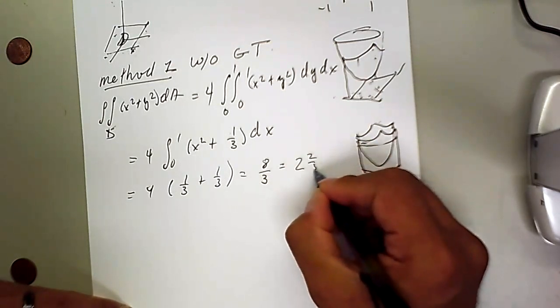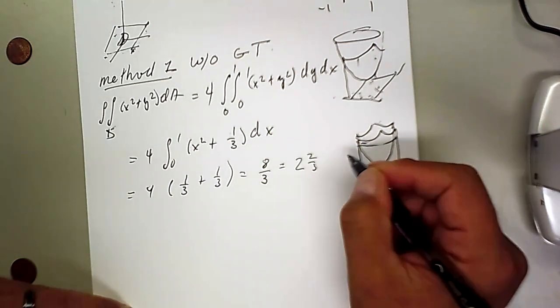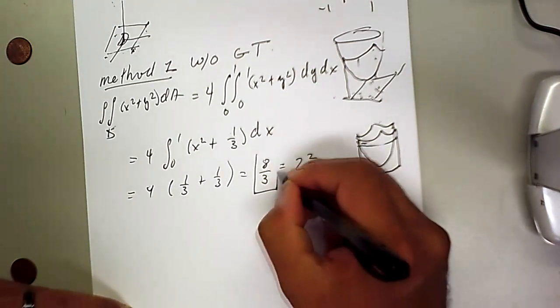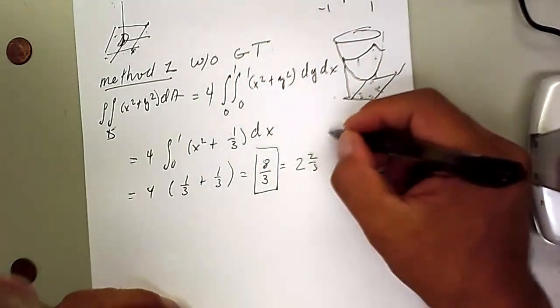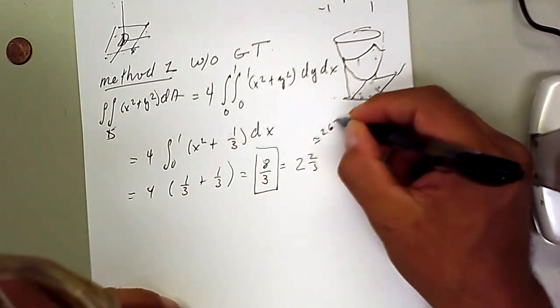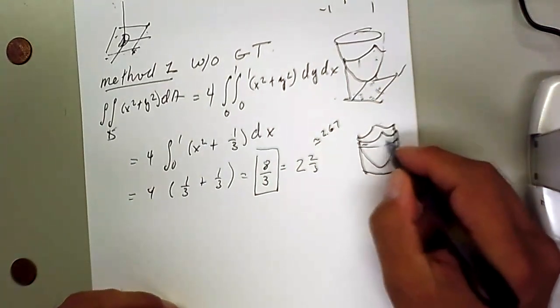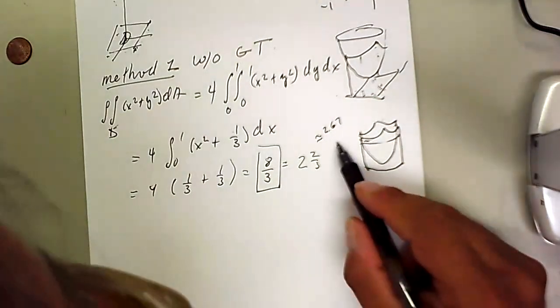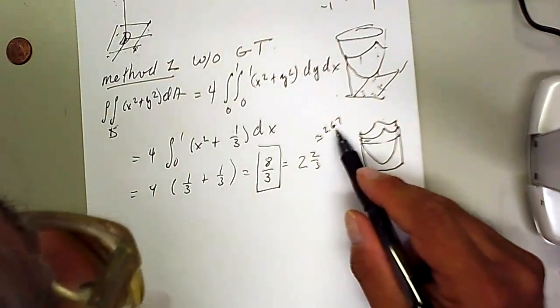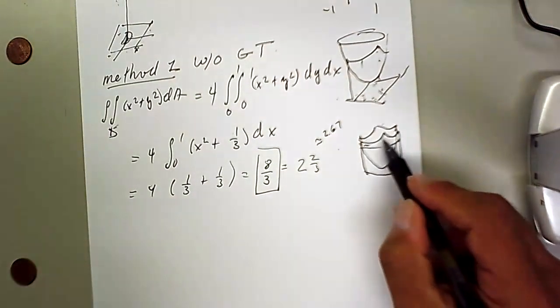So it's about 2.67. That is the answer. This is the way we usually want to write the answer. But it is about 2.67. And that seems like a big increment on our volume from the previous problem. The previous problem was pi over 2, which is 1.57. I guess it isn't to 2. Oh boy, we added a whole unit.